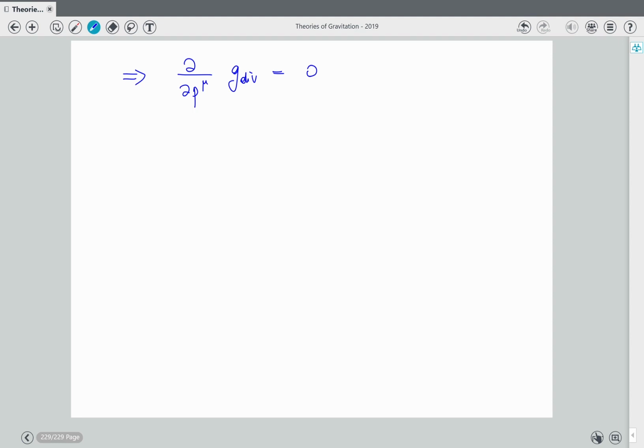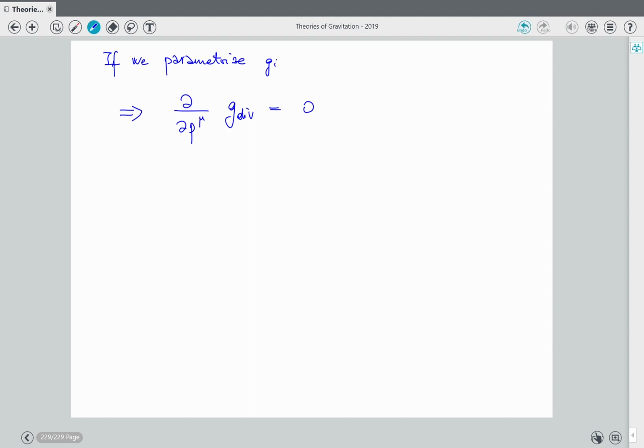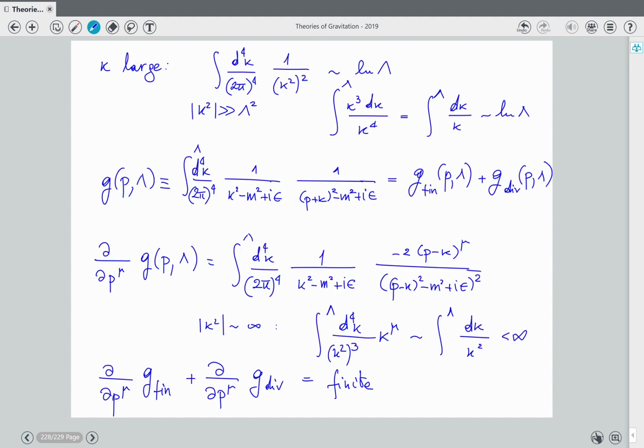So if we parameterize g divergent as log lambda of something, let's assume that g divergent is purely divergent, because when you separate a finite function into a divergent part and a finite part, there is no unambiguous separation, so you can always include inside the divergent part a finite part, and it will still be divergent.